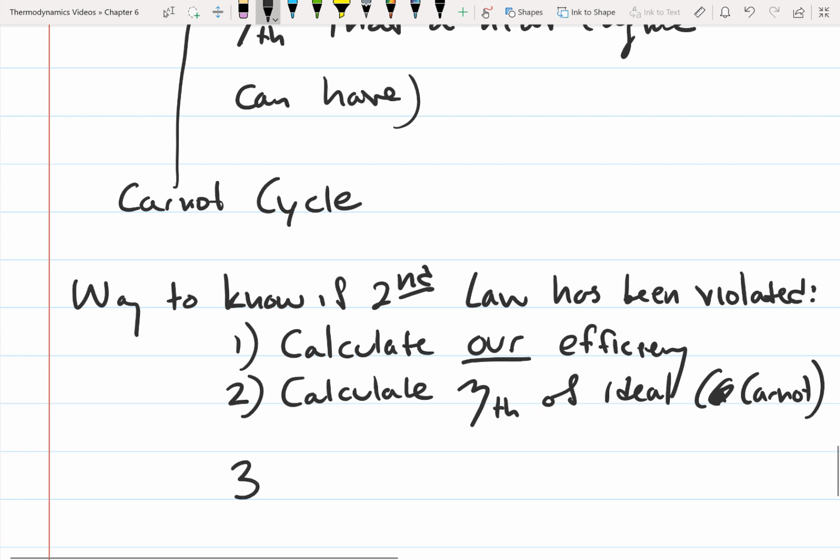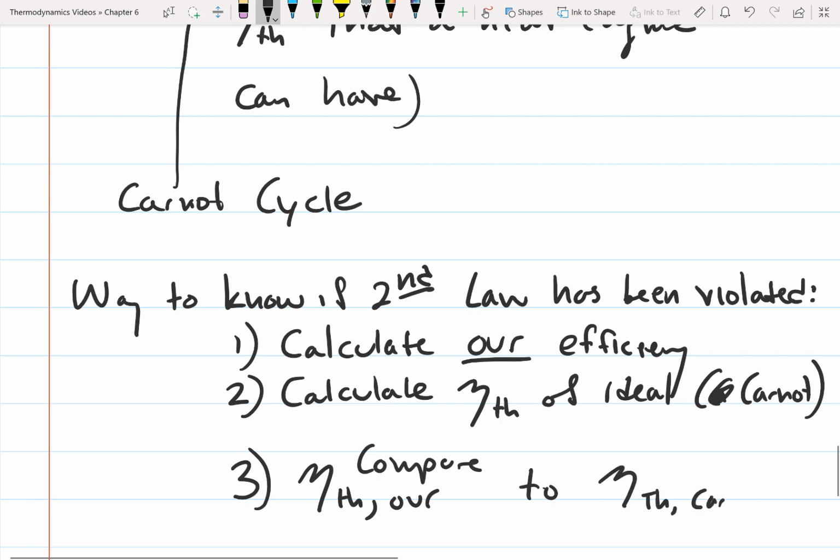And then we're going to compare our thermal efficiency to the efficiency of the Carnot cycle.